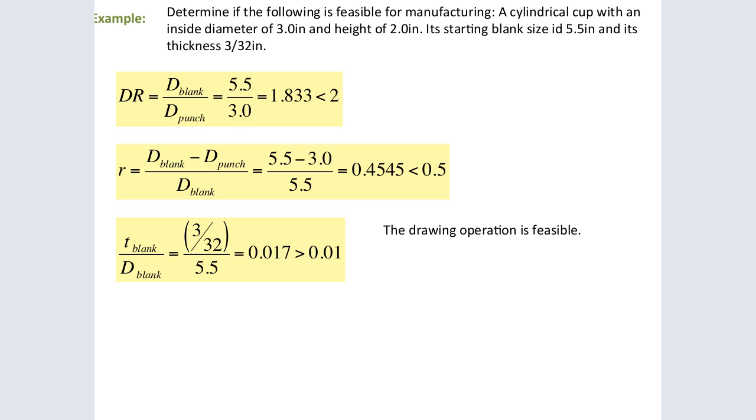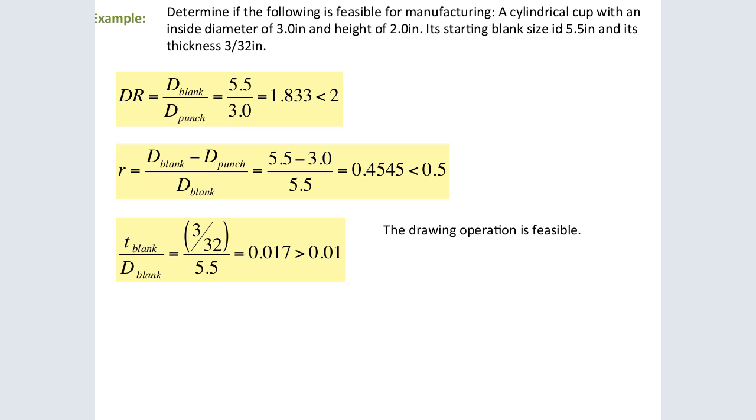So how do we calculate the DR? It's a ratio. That is the ratio of the D blank over the D punch. That is the 5.5, which was given for the blank, over 3.0, which was given for the punch. And then the answer will be 1.833, which is less than 2.